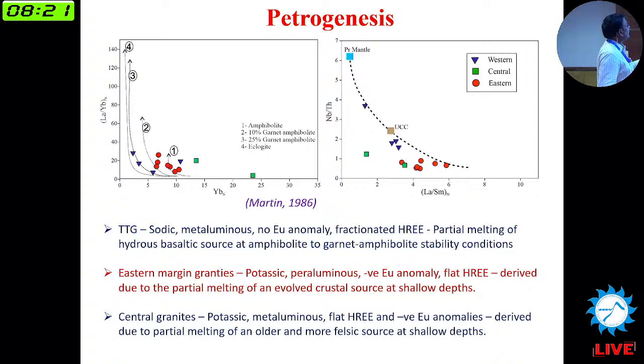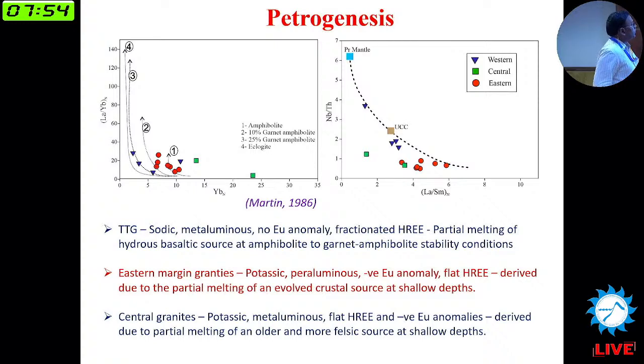The western margin TTG shows enrichment indicating some kind of residual melting in the garnet amphibolite field, whereas the eastern and central parts are showing amphibolite to plagioclase stability fields. The depth of melting is slightly deeper for the western one, whereas these two components show shallow melting conditions.